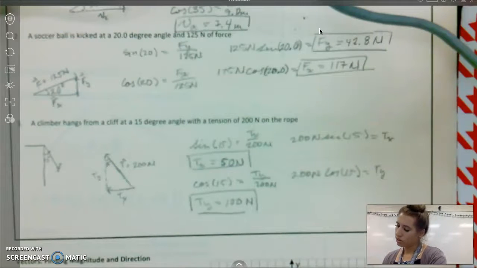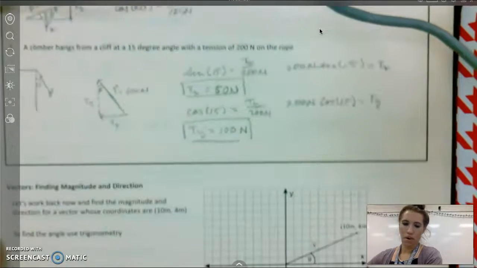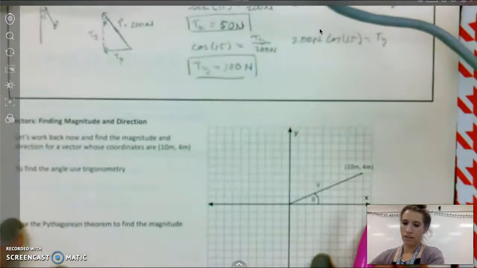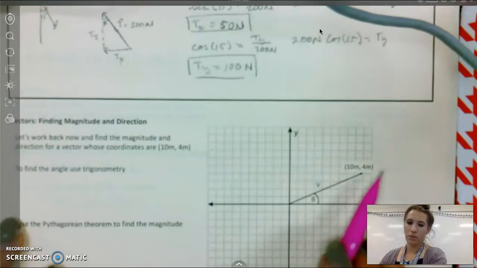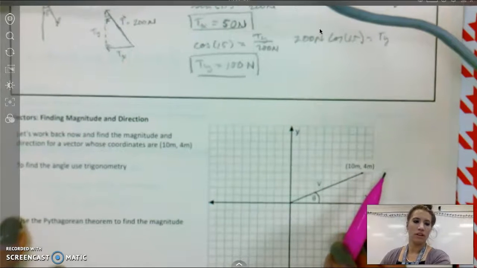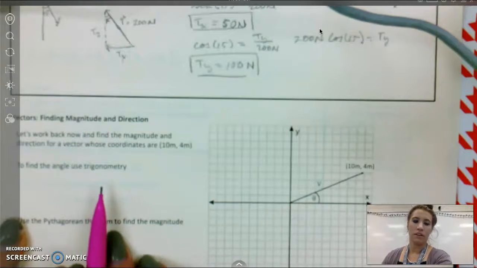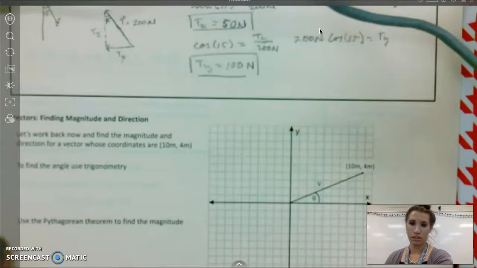Okay, so we have this vector, and its x component is 10 meters, its y component is 4. And it's saying we need to find the angle using trig again. Okay.